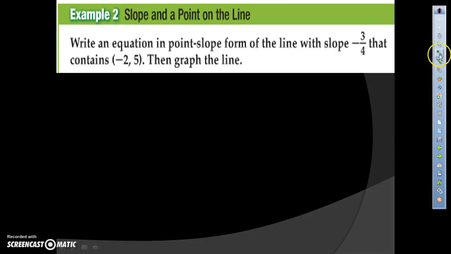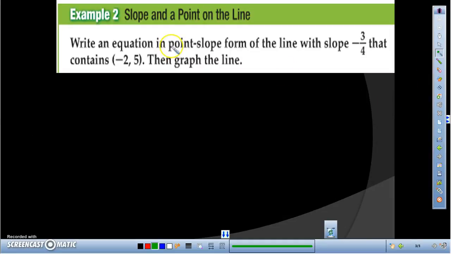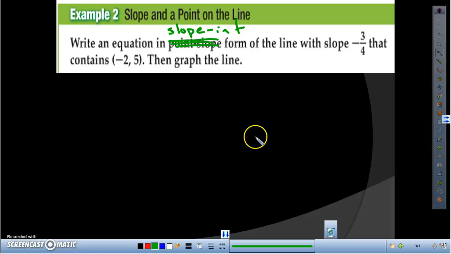So in this problem, I'm going to change this to slope-intercept form instead of point-slope form. So we want to write an equation in slope-intercept form of the line with a slope of -3/4 that contains the point (-2, 5).